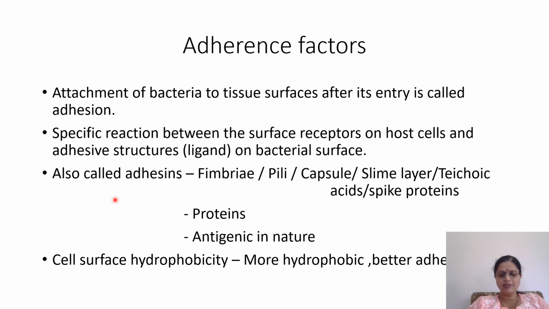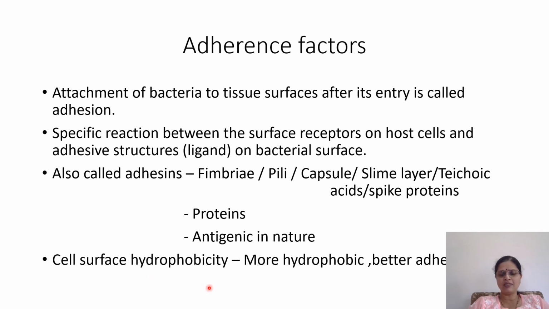Fine. Now, this is one way of attachment of the pathogen on the body cells. There is another way also, which is the character cell surface hydrophobicity. Most of the pathogens will show this character, cell surface hydrophobicity, when they enter the human body. What is cell surface hydrophobicity?